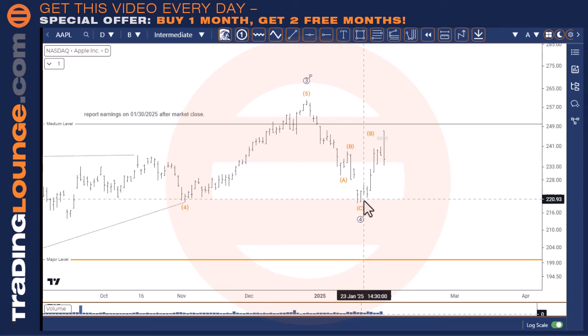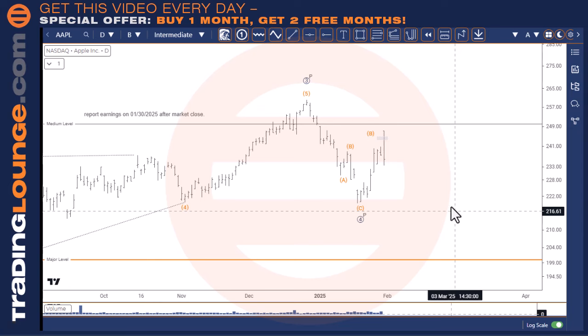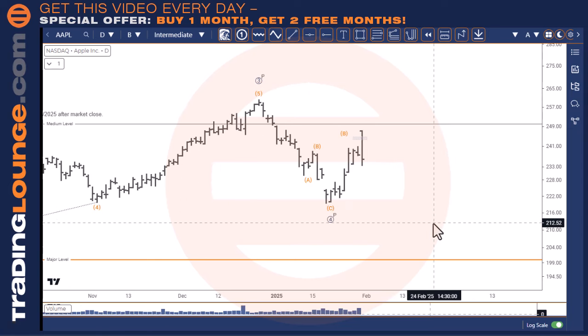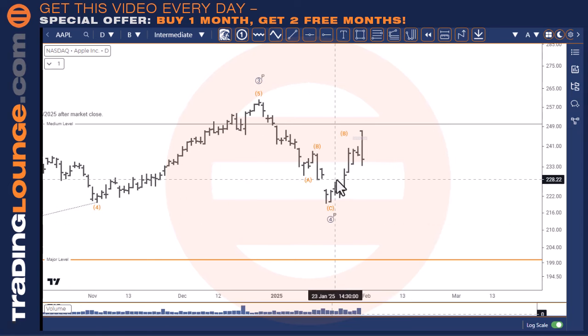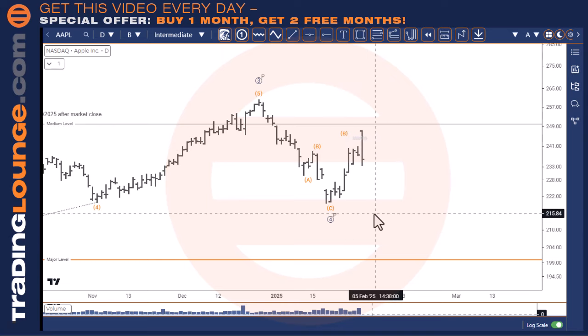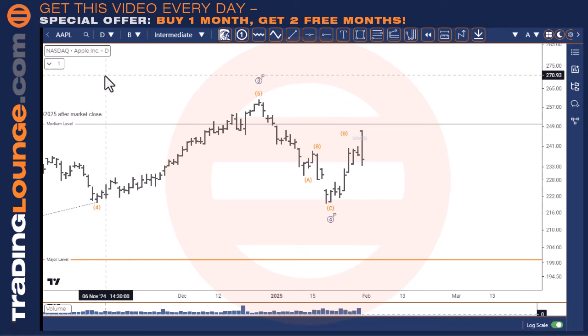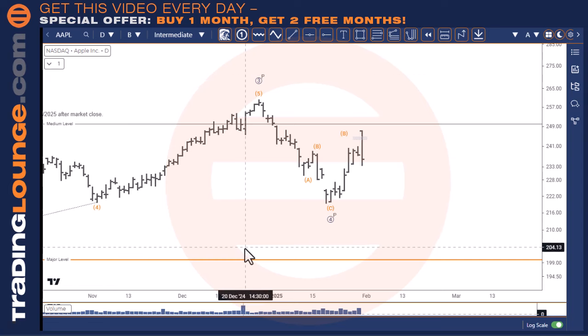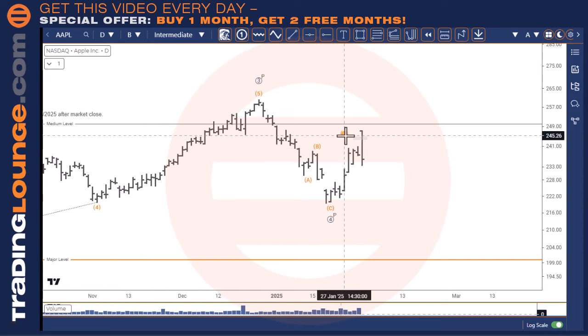But this with Apple here, this move up here, it's got to be viewed in 2 ways. When we look at it like this, we can see a nice 1, 2, 3, 4, 5 up here, right? But when we go to the intraday, it counts a little bit differently. This B wave here is just an alternative up to the 61.8% here.